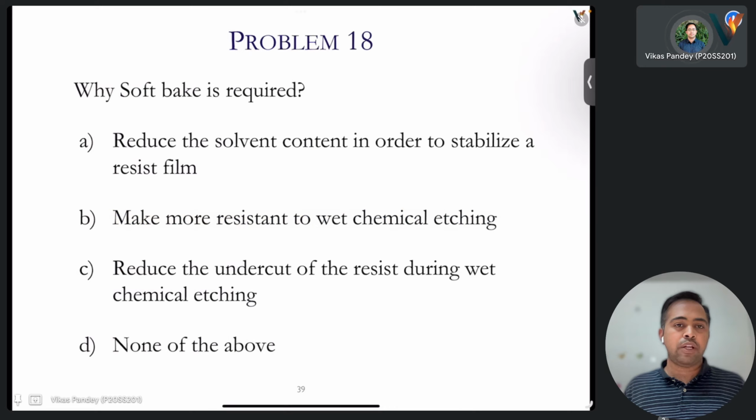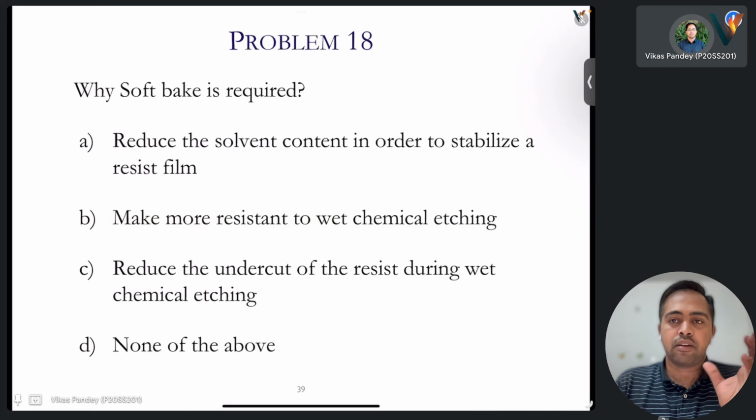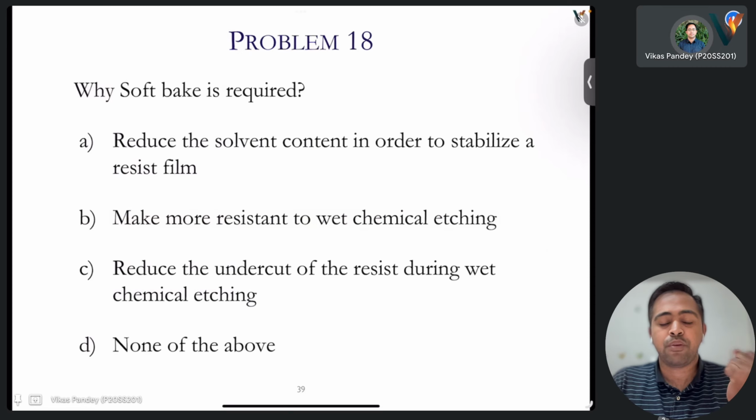Okay. Now why is soft bake required? So as I discussed earlier, when we are doing the spin coat, after that process also, though we have dried it, it is spinning at a very high speed and creates a very thin film, but that film is still a liquid. Okay.